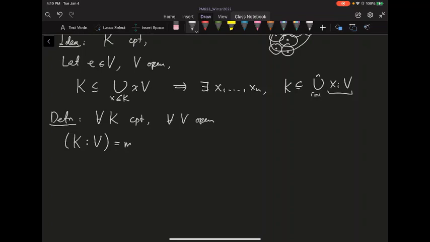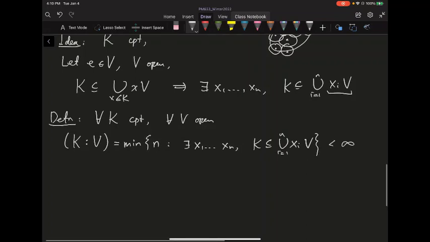So it's the minimum number n where there exist n elements x1 up to xn so that K is contained in this finite union of xi V, i going from 1 to n. By compactness, we know this is certainly less than infinity. So it's just a matter of which one is the minimum.